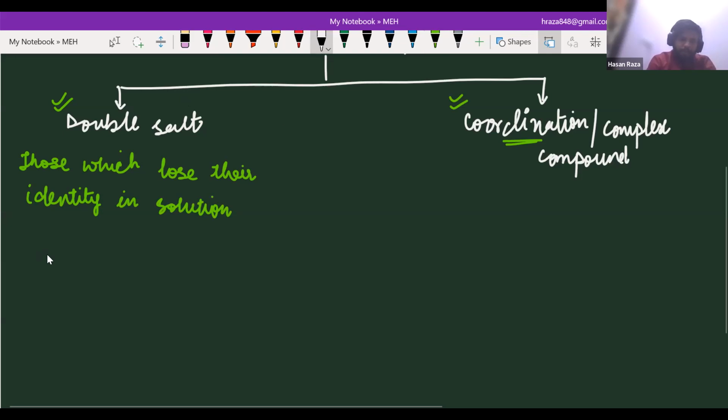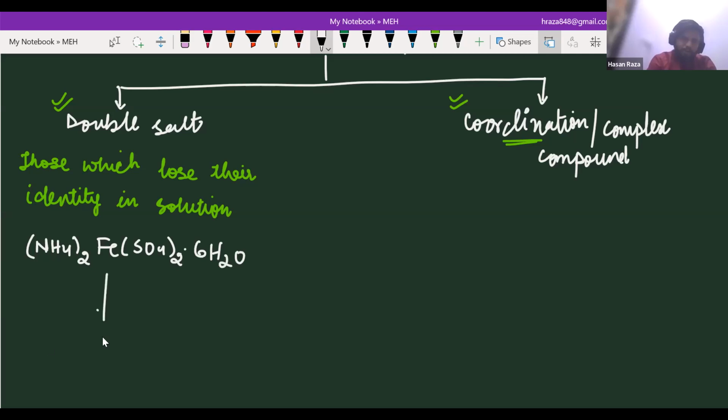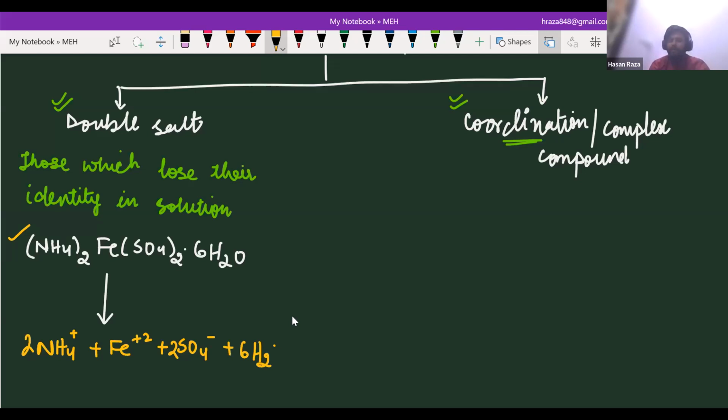Let's take an example of Mohr's salt, that is (NH4)2Fe(SO4)2·6H2O. If you dissolve this in water, it will lose its identity and all these compounds will be converted into ions: 2NH4+ plus Fe2+ plus 2SO4 2- plus 6H2O. So if dissolved, it dissociates.